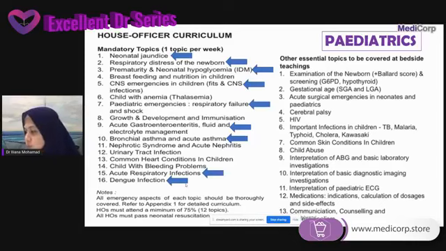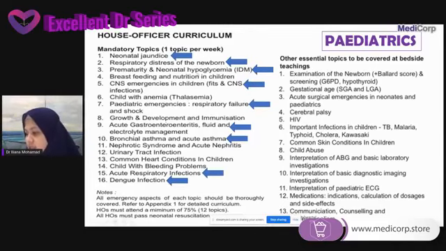Okay, so these are also the topics which Medicorp will cover in our upcoming pediatric online course, which will start end of February. We chose out of these 16 mandatory topics the most common ones, so we'll cover at least half of them so that you are ready to tag along and work independently.